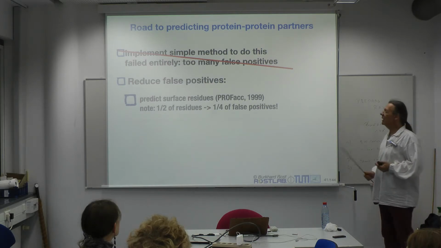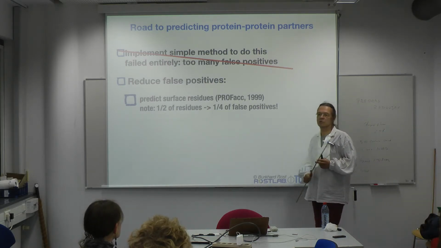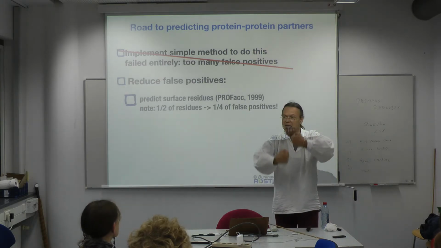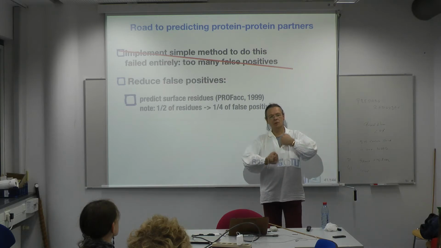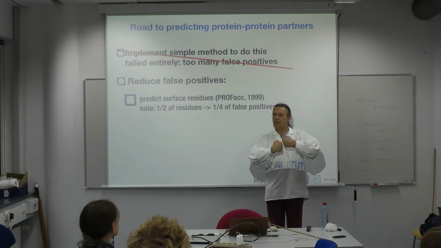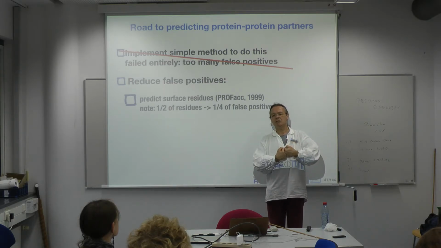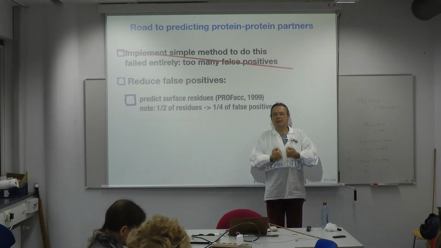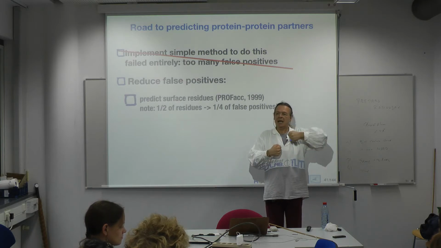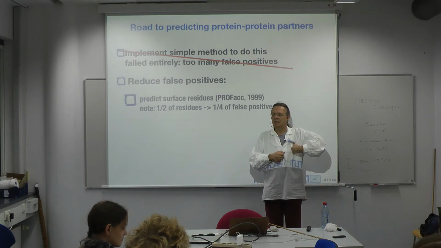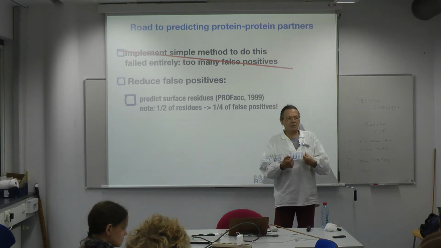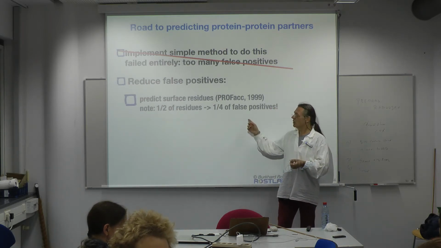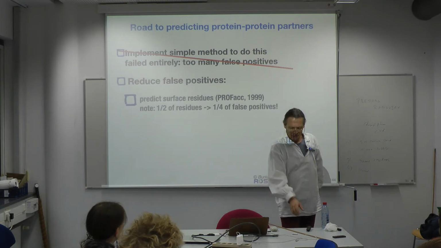Ultimately the problem was I had too many false positives. Too many false positives could be because when I slide all of these 9-mers through my protein, I have many 9-mers that will never meet each other because they are not on the surface. Maybe they would bind, but since that 9-mer is inside of the protein, it cannot bind another protein, right? So it's a false positive that will not happen in nature. The first way to correct for that is I predict solvent accessibility.